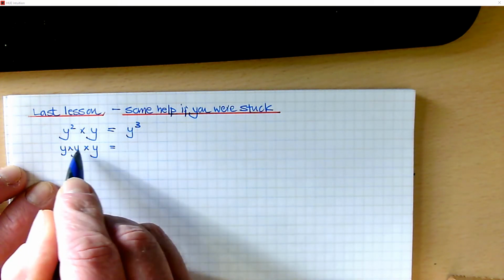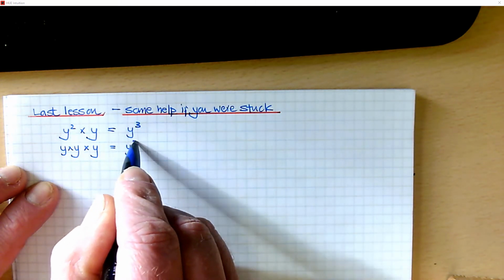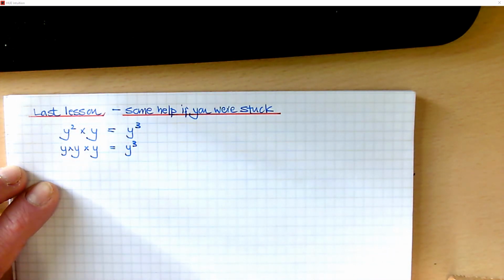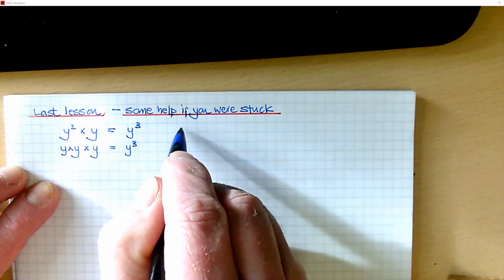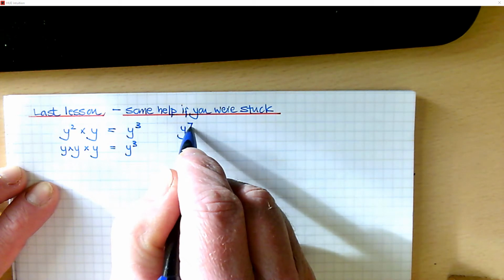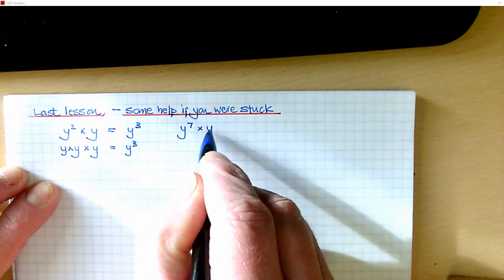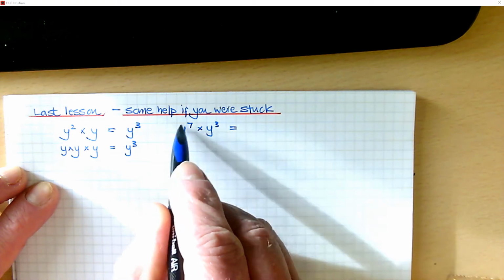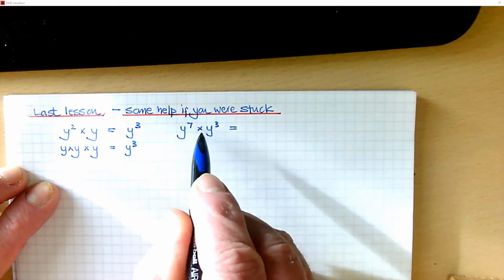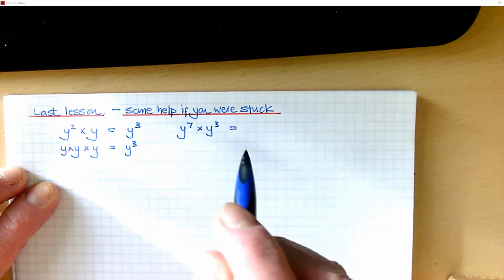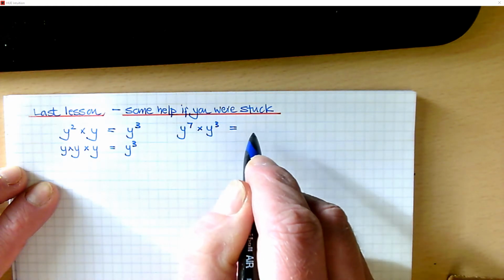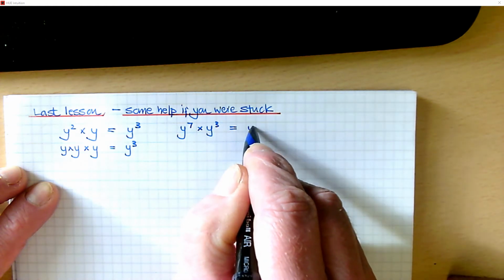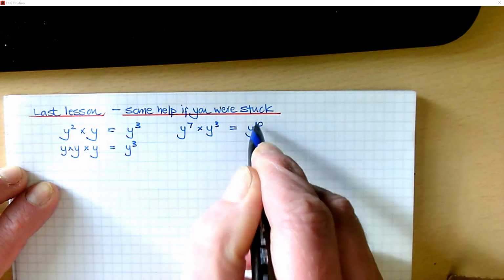So now we've got y cubed. In the same way, if you had y to the power of 7 times y to the power of 3, that would be 7 y's all multiplied together, multiplied by another 3. So altogether you would have 10 y's, and that would be y to the power of 10.